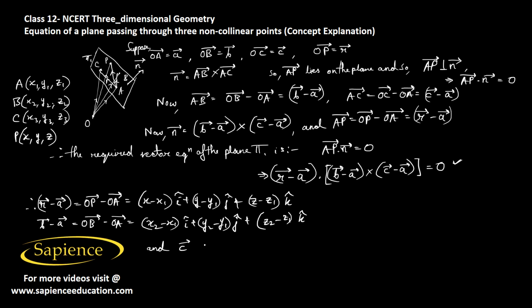And C vector minus A vector will be equal to OC vector minus OA vector. So this will be x3 minus x1 i cap plus y3 minus y1 j cap plus z3 minus z1 k cap.